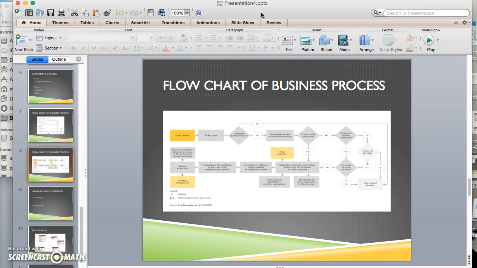Here they start off with the information flow, which means after the order is placed, the information flows into the logistics department. In the logistics department, it is really important that all the data is fulfilled.